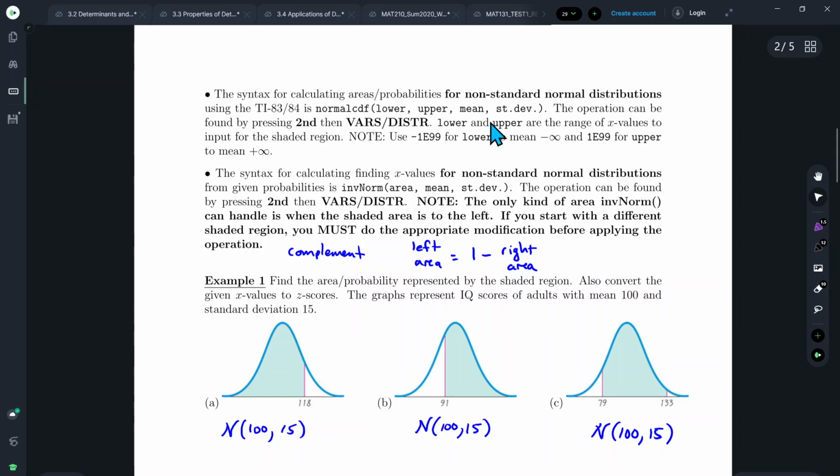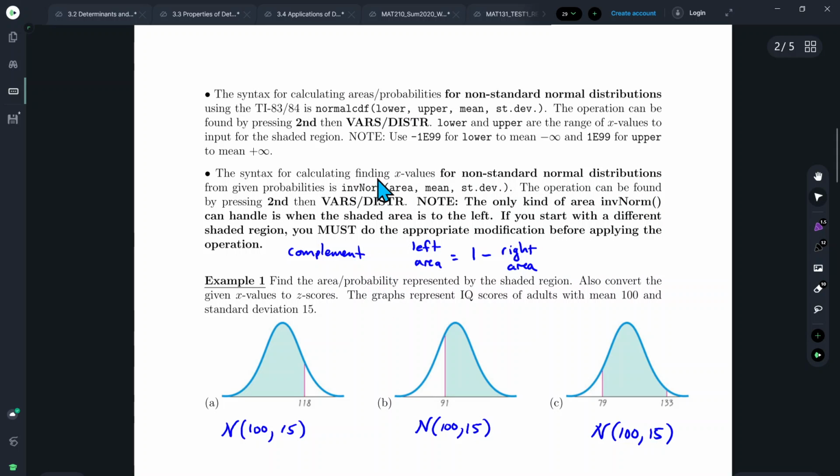The lower and upper stand for the lower bound and upper bound, so it depends on how we represent the shaded region. The mean and standard deviation are just the values given in the problem. That's how we calculate probabilities.